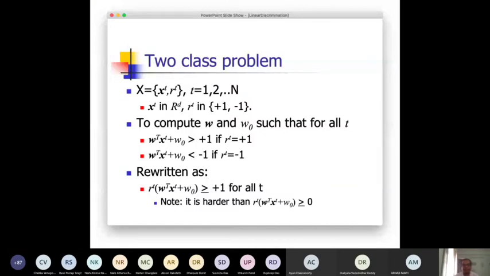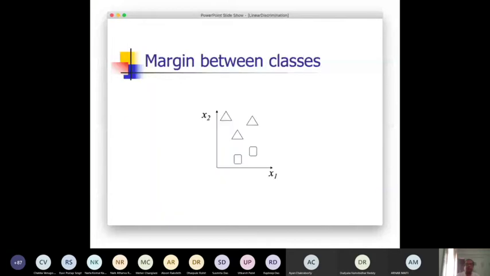The class label information itself is included in the computation of the constraint in the mathematical form. And it's a harder constraint than if the class boundary is a hyperplane passing through the origin, that you understand. So it leaves a margin between the two zones of classes.